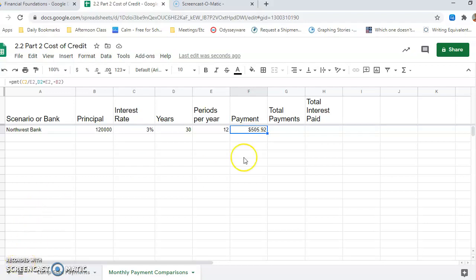So think, how could I find the total of the payments? Well, if I pay 360 times, right, so equal, this would be D2 times E2, because that gives us how many payments, times how much the payment is.